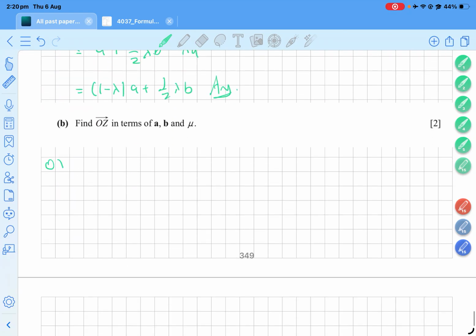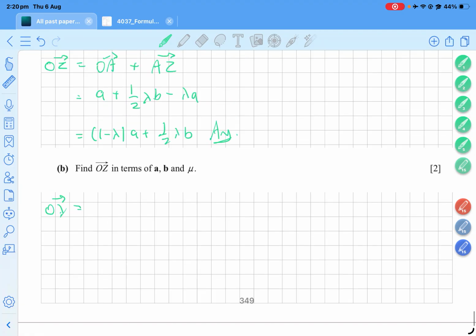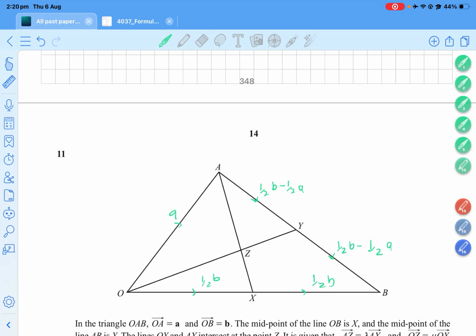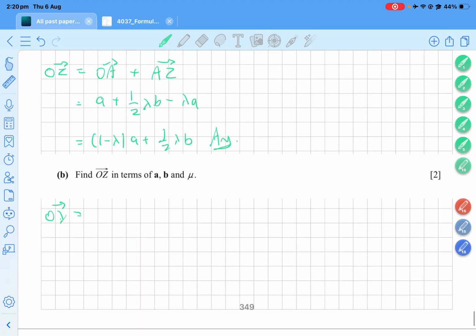So OY is A plus half B minus half B, which is half A plus half B. It's like adding those two together. So OZ is just half mu A plus half mu B.